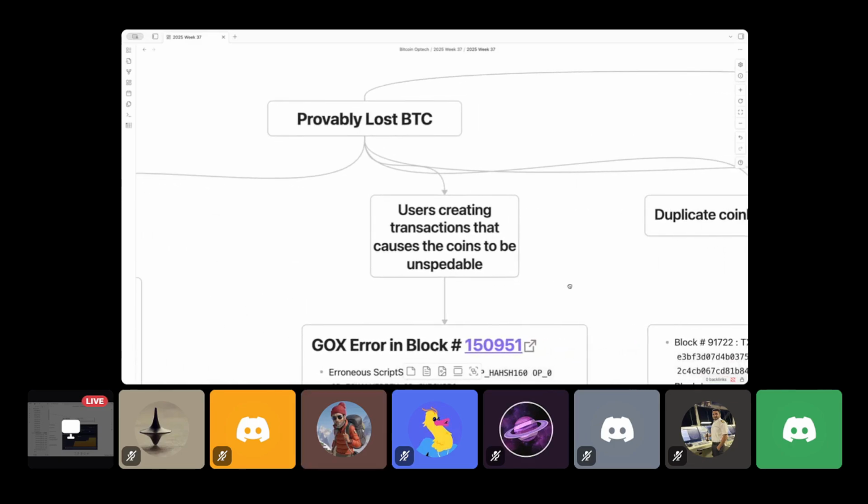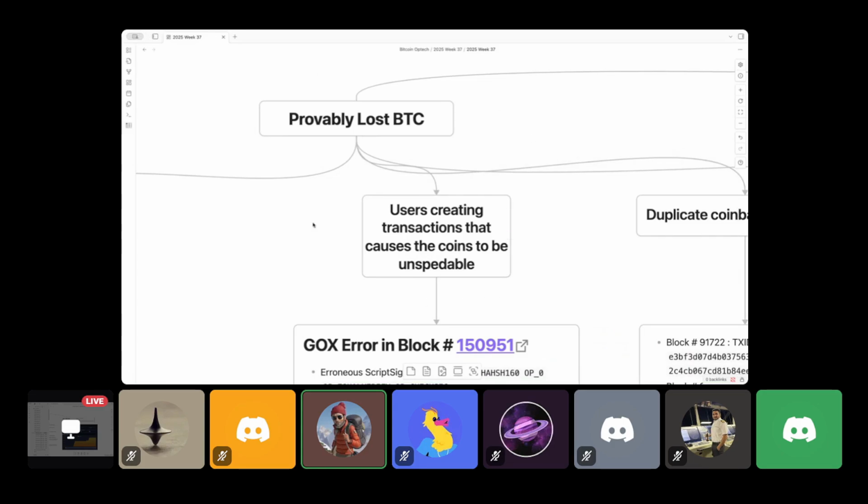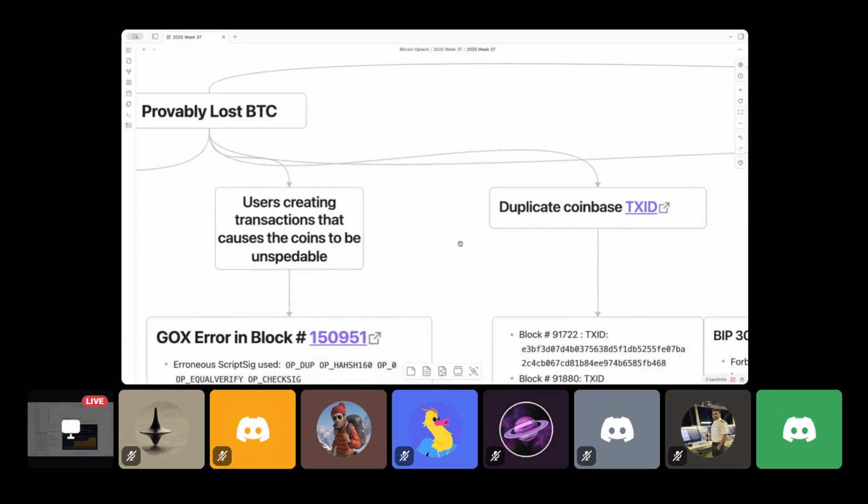Then there is the category of users creating transactions that cause the coins to be unspendable. This is clearly human error, and when people make crazy mistakes, the coins get lost irrevocably. That is one other category.